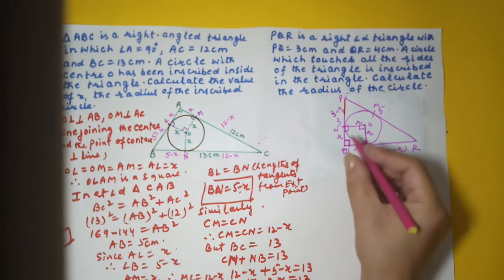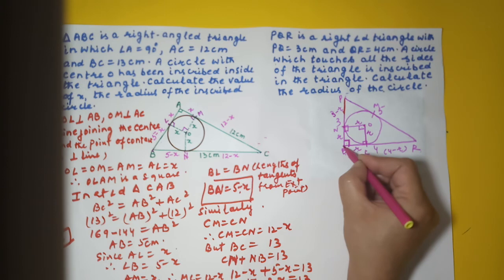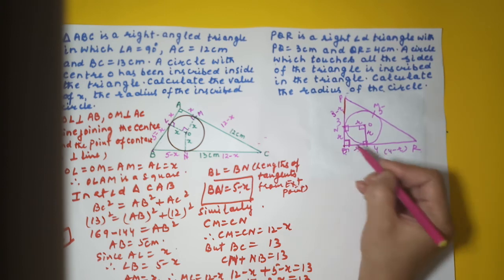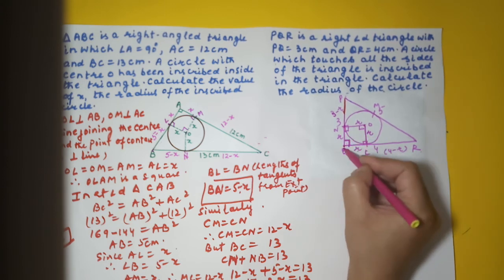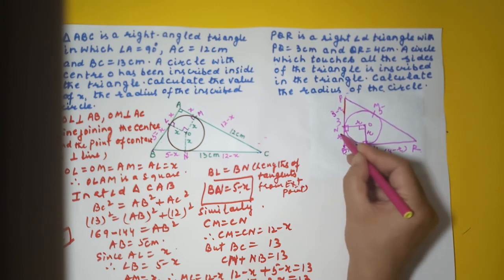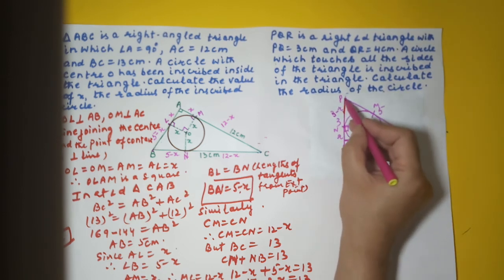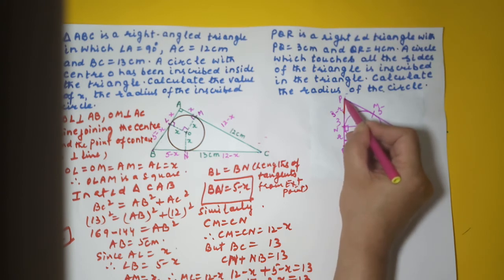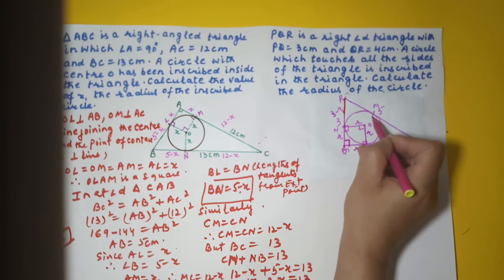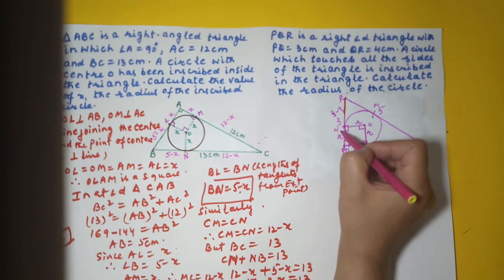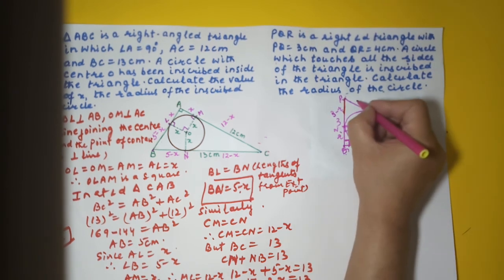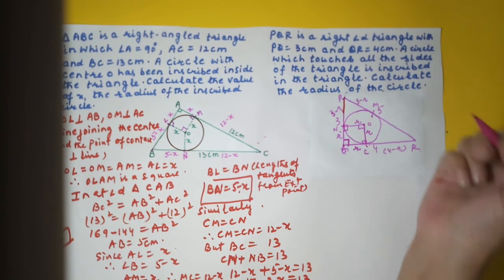Now, after that, if you look at this Q, this is an external point. From this, if you drop two tangents to the circle, they will be same. And this is R and this is R. Similarly, if you go to point P, it's an external point, and from this point PN and PM are two tangents. So if PN is 3 minus R, PM will also be 3 minus R.